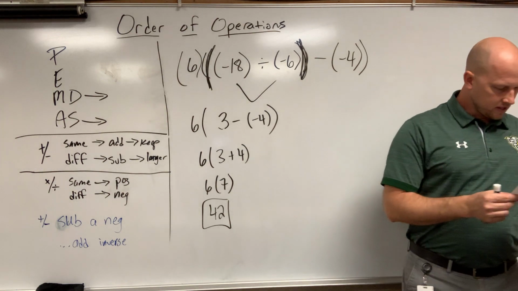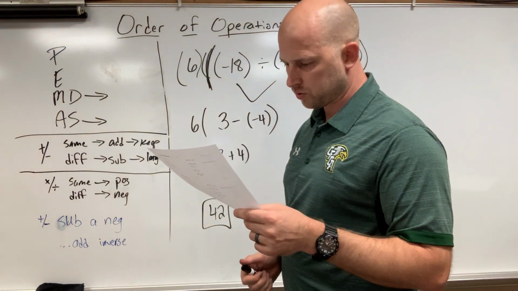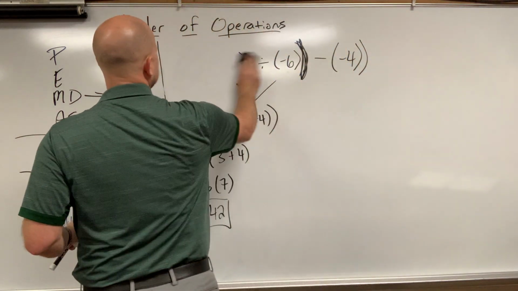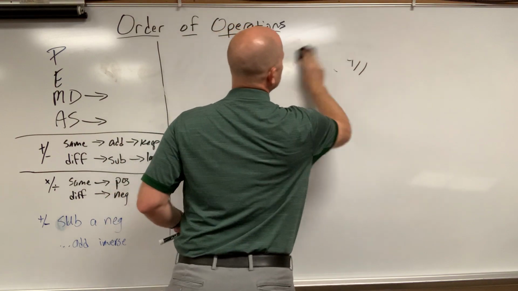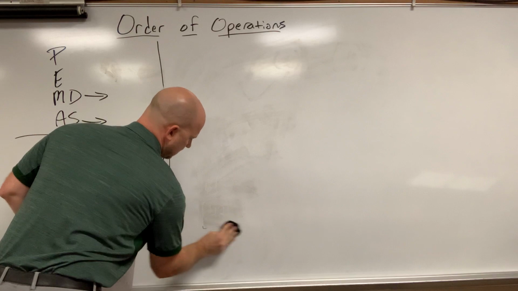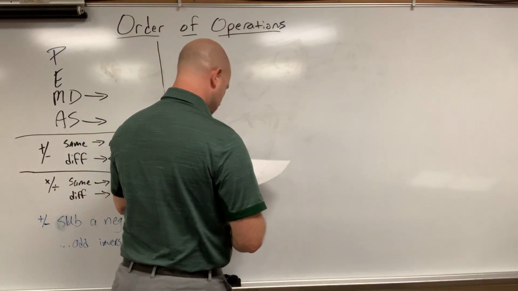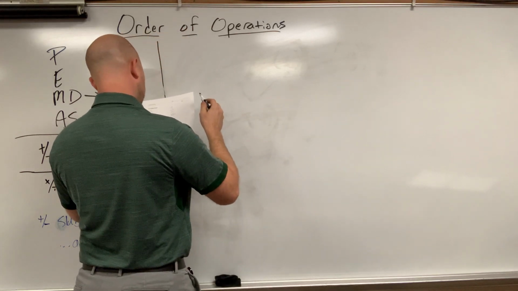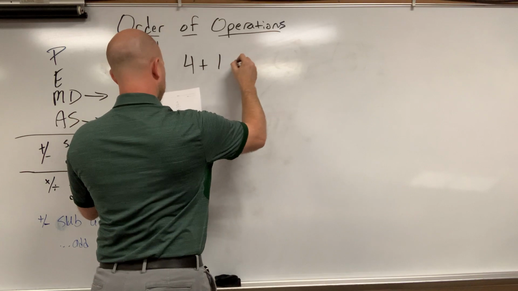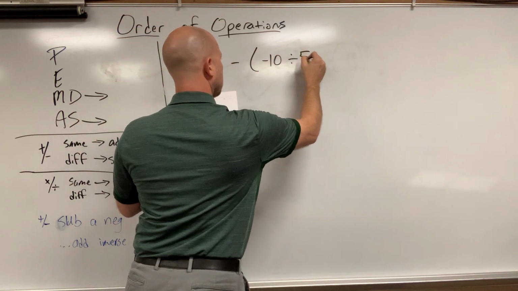I'm gonna have you work through some of these now. All right, so I'm gonna take this down and then I'm going to put up a problem and have you work. All right, let's go with 4 plus 1 minus -10 divided by 5.